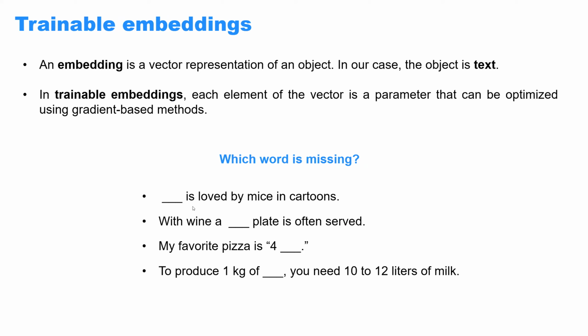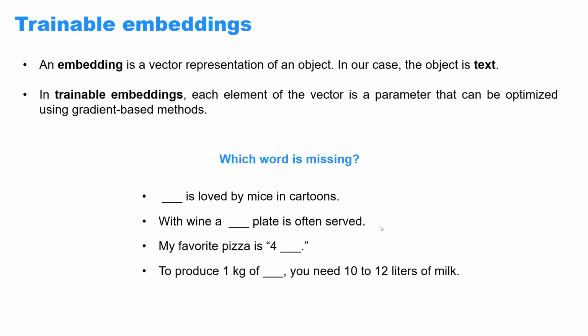For example, we can say that there is the word cheese by the context of our phrases. For example, cheese is loved by mice in cartoons. With wine, a cheese plate is often served, and so on.